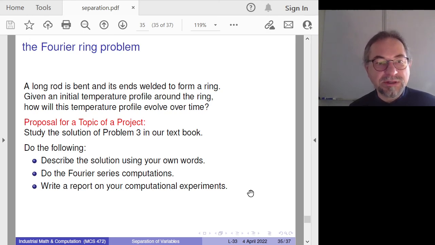Also do the Fourier series computations. These are not done so explicitly in the textbook, and certainly the plots are not done. Essentially this is a reworking of the textbook solution and the presentation in this lecture, but on another problem variation.